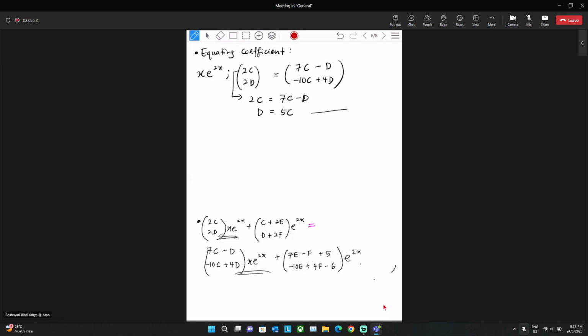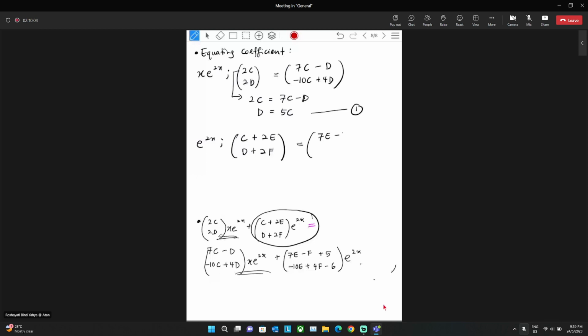So and then exponential to x. For here, you can get c plus 2e, d plus 2f equal to 7e minus f plus 5, minus 10e plus 4f minus 6.